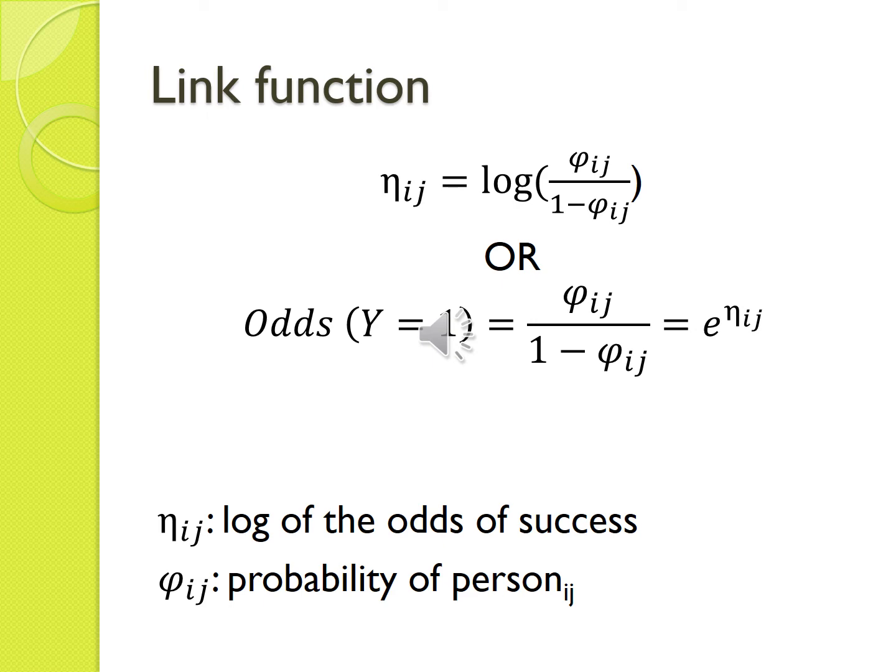And then the odds of y being 1 is also defined the same way. It is defined as e to the eta ij. So if we have the regular equations, all we have to do is take the exponent to get the odds. Again, this is the mathematical background, so no need to worry if this is rather over your head right now.